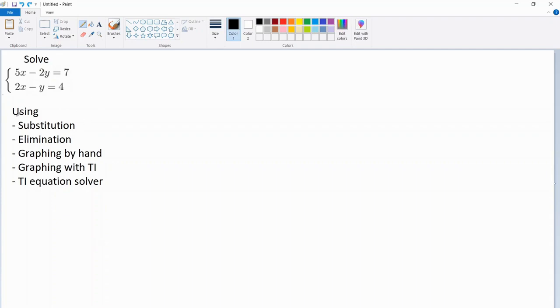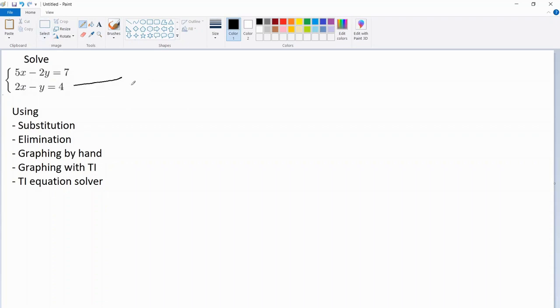Now, in the substitution method, you have to isolate at least one of the variables for one of the equations. The easiest one to do that for is probably the second equation, and isolate the y. So I'm going to take that equation over here.